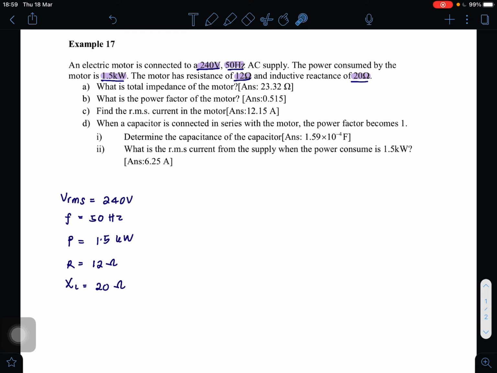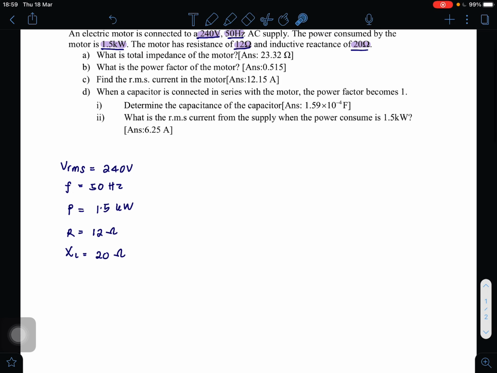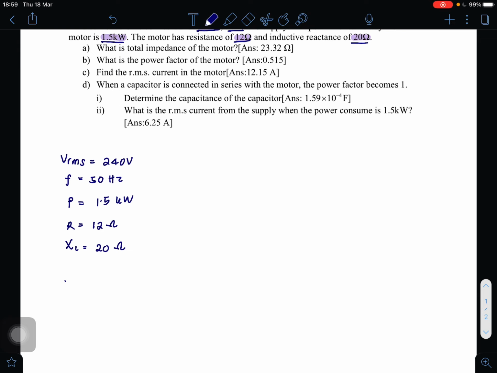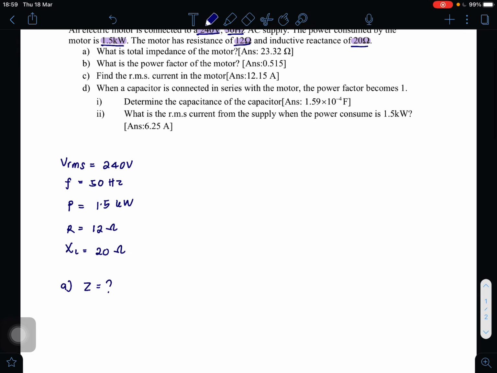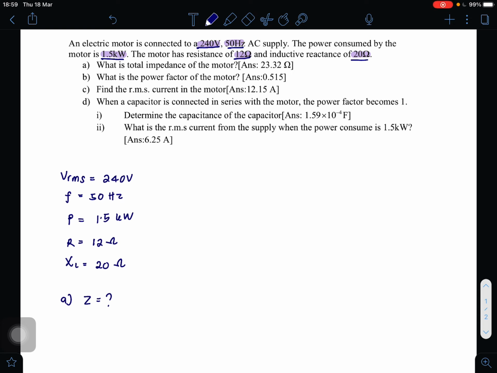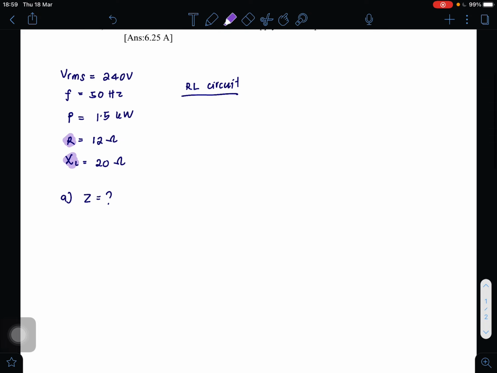Okay, so the first question, what is the total impedance of the motor? So we want to find the value for Z. Okay, so here, this is an RL circuit, sebab kita hanya ada resistance and inductive reactance.